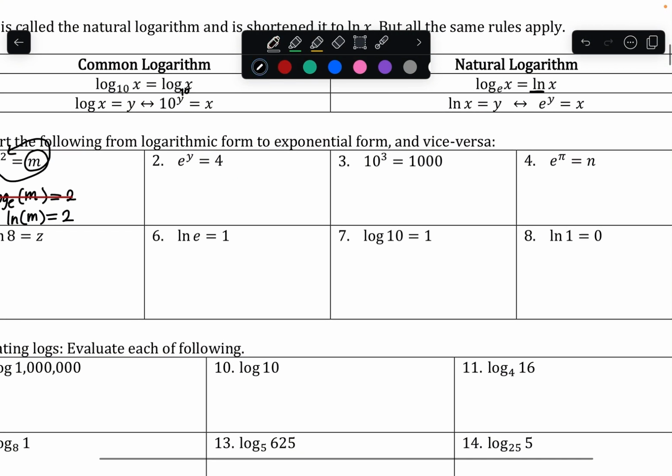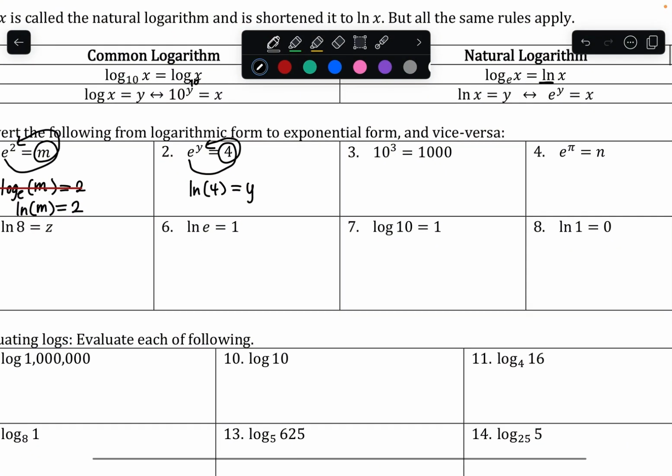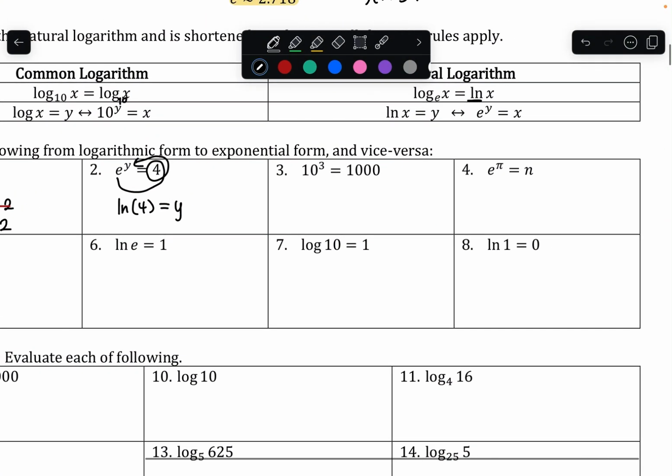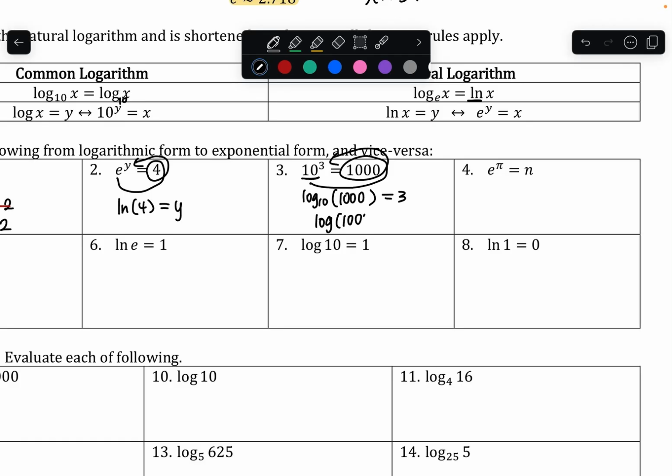Okay, here we have log base e of 4 equals y. So I'm not writing log base e, I'm writing ln. Here we have common log, log base 10 of 1,000 equals 3. And so anytime you're tempted to write log base 10, don't write a subscript at all.